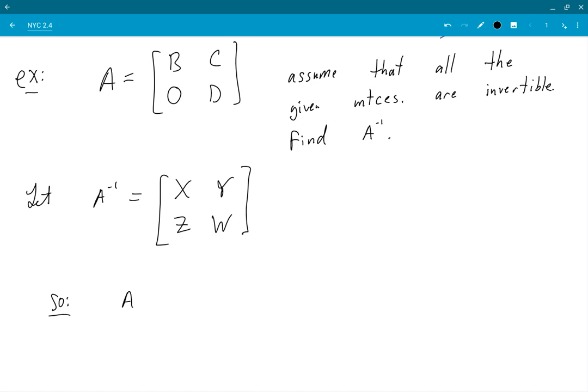So A times A inverse is going to be B, C, D, 0 times x, y, z, w.